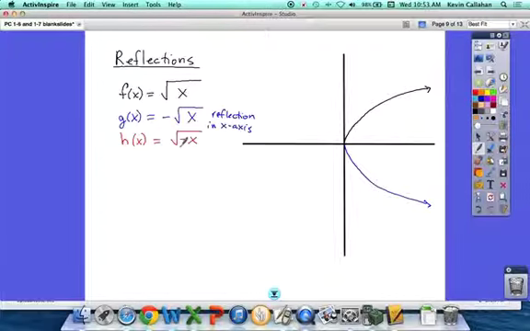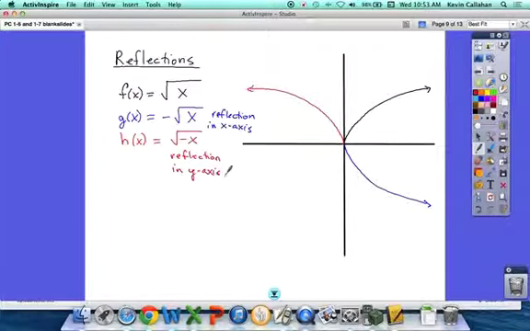So now our graph is going to go from here to here. That's the one that's a flip across the x-axis. That's the one that's a flip across the y-axis. Reflection in y-axis.